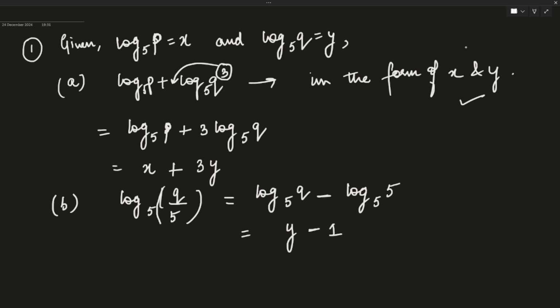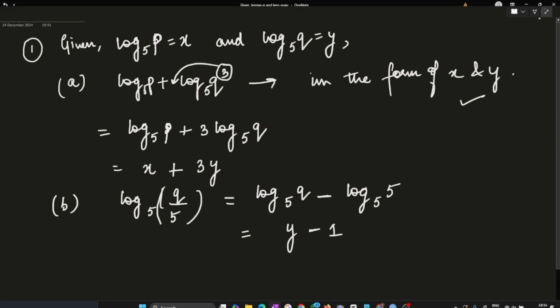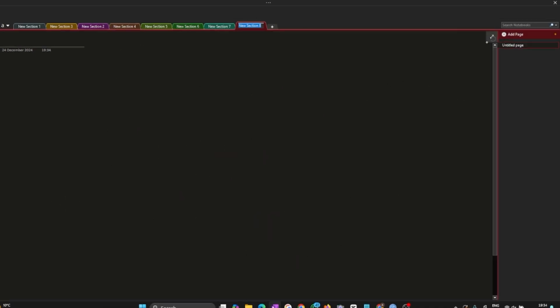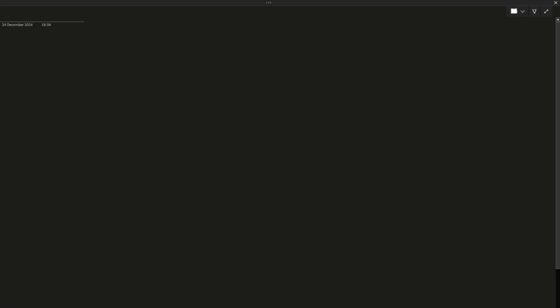There are certain questions which are asked in your examination or in your papers where we just have to solve the expression in the form of x or y by applying the laws of logarithms. So we'll just take an example of one question which has been asked in your GCSE additional mathematics paper, whose code is 0606.